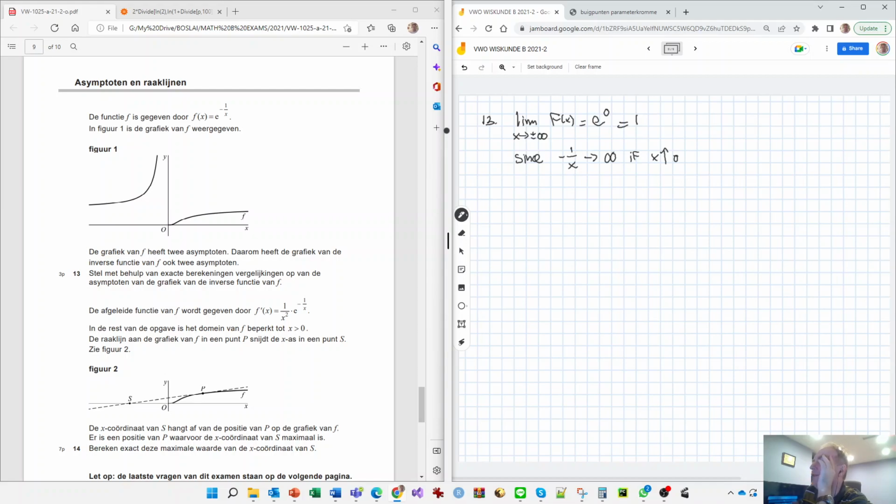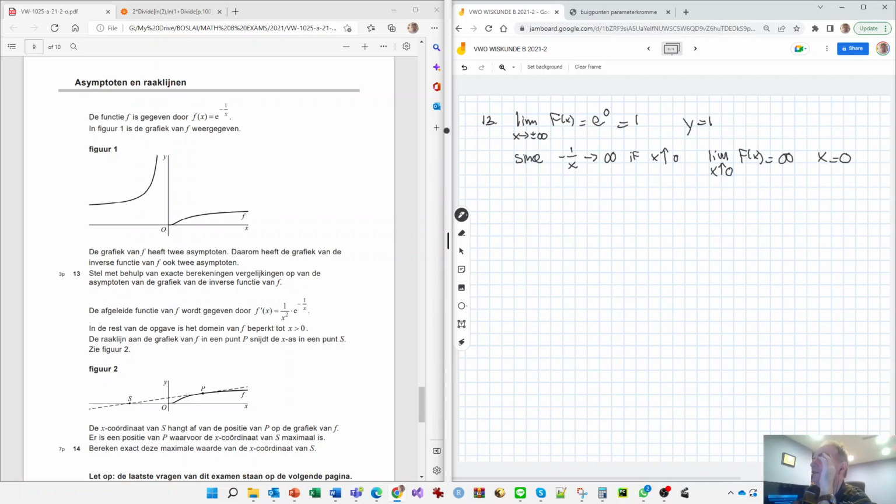then you'll find that the limit of f of x as x approaches 0 from below is e to the power infinity, infinity. So the asymptote is x equal to 0, and here the asymptote is y is equal to 1.